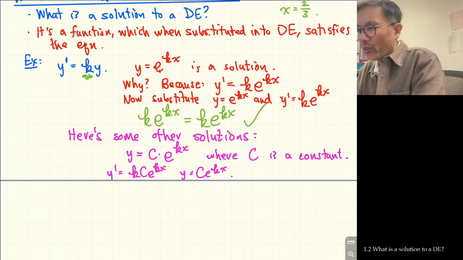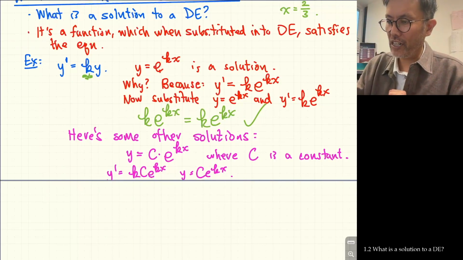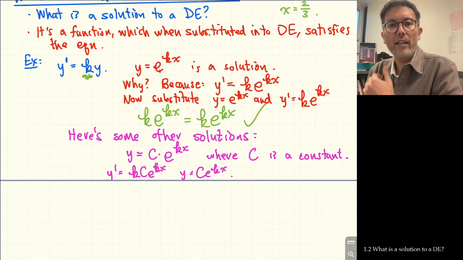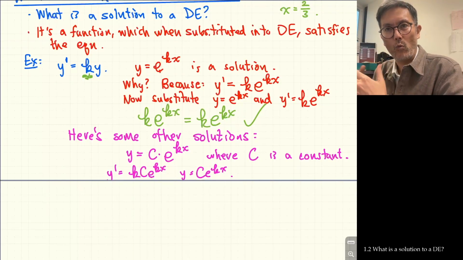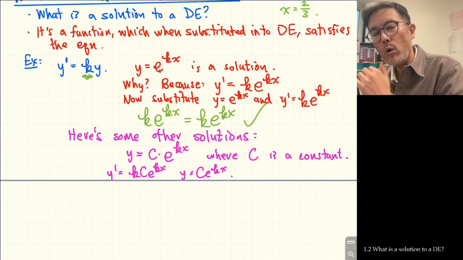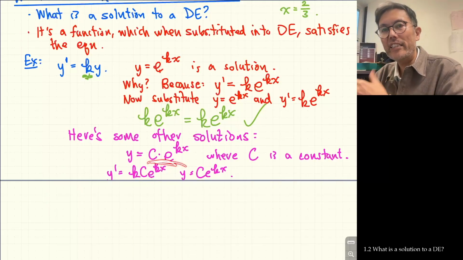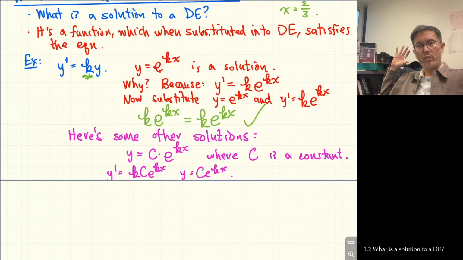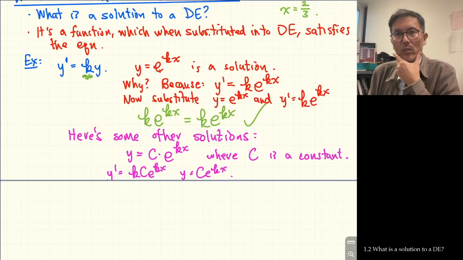You can substitute these into the differential equation, and you'll see it all works out exactly the same way. And in fact, what we see in this solution is an infinite family of solutions. There's infinitely many different solutions here. That's what we mean when we say that this is a solution.